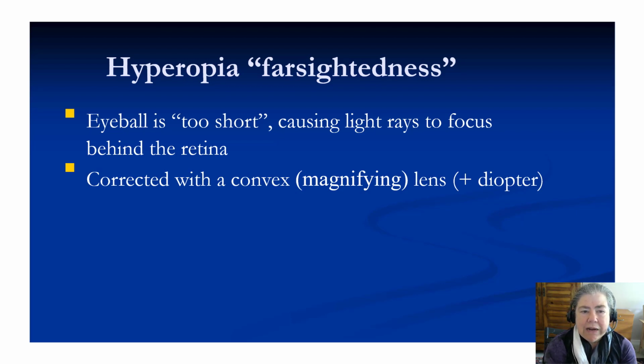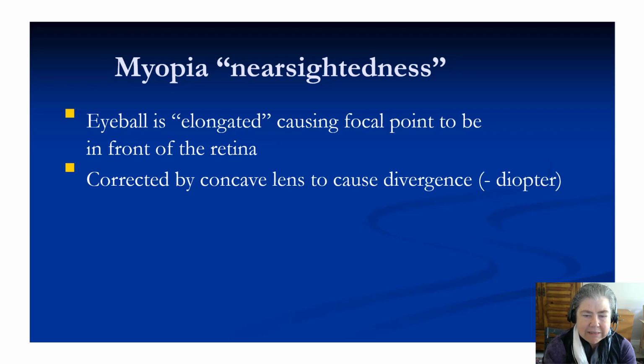And you correct this with a magnifying lens, a convex lens, a positive diopter lens, that brings that focal point a little bit forward, allowing focus at the proper place.